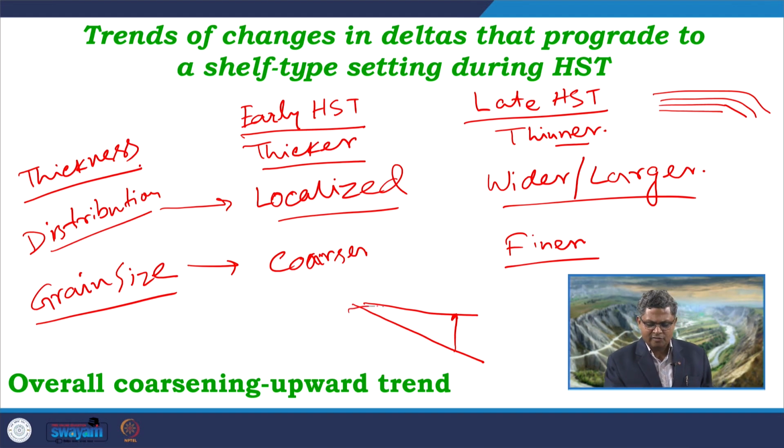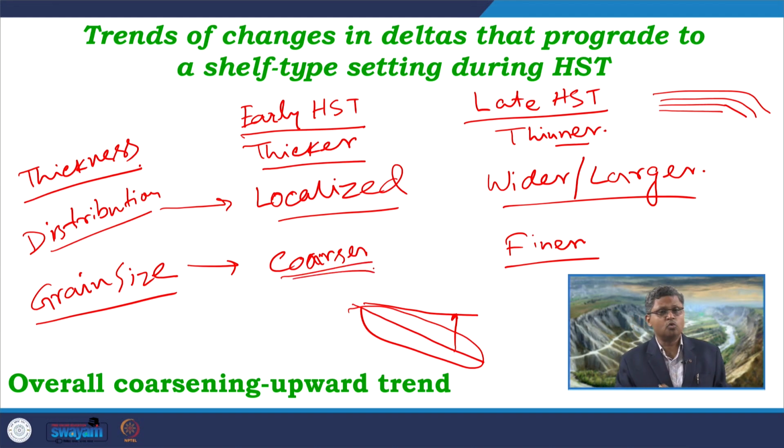So, at the initial phase of the HST, when the river gradient is higher, definitely it will bring more coarser sediments into the system. Whereas, at the late phase, when the gradient is much gentler, the overall energy of the river system will be much less and it will result in supply of more finer sediments into the depositional system.